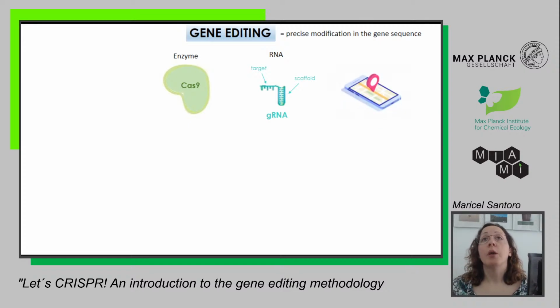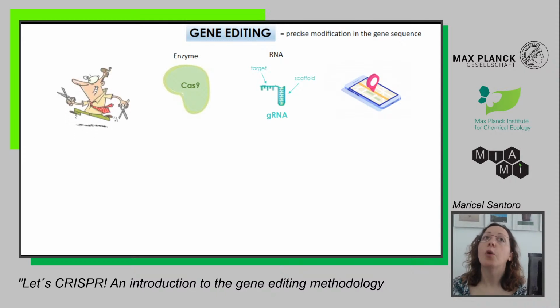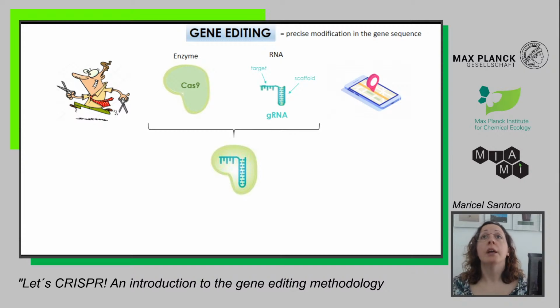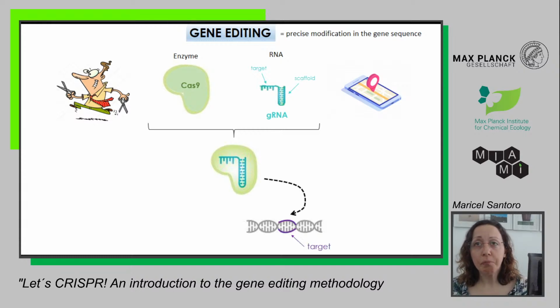We can think about the guide RNA as a GPS, which is guiding this worker with scissors that is going to cut or mutate our DNA. These two components interact, as I told you. The scaffold interacts with the Cas9, and then the target is available to find the place in the genome, in the DNA, to find the gene that it wants to mutate. So that is our target.